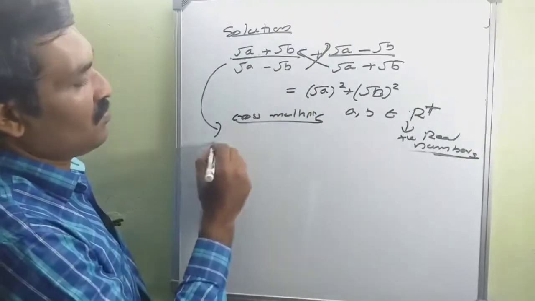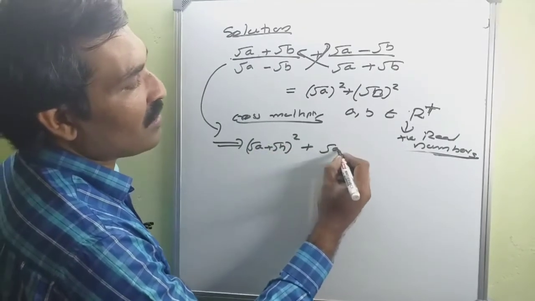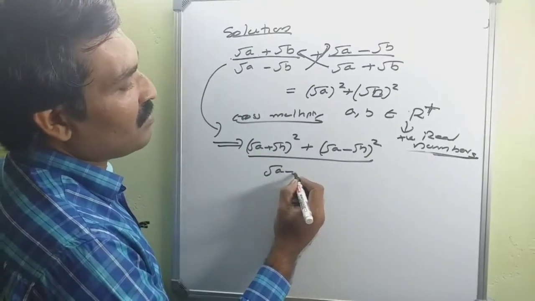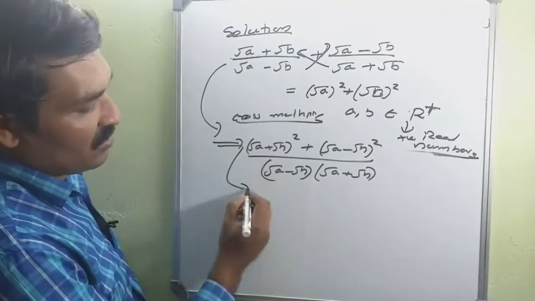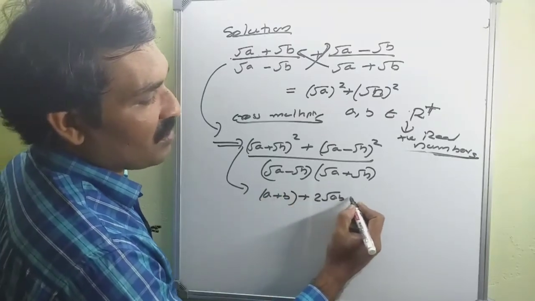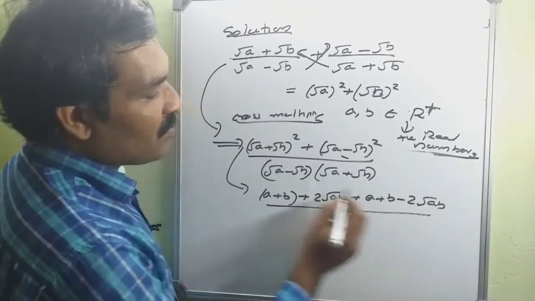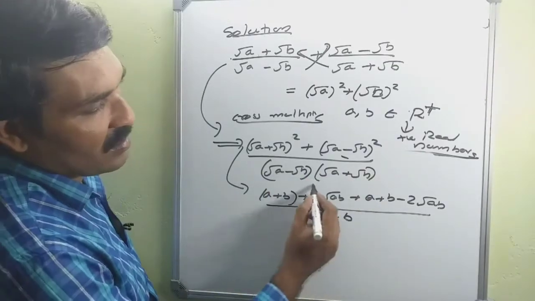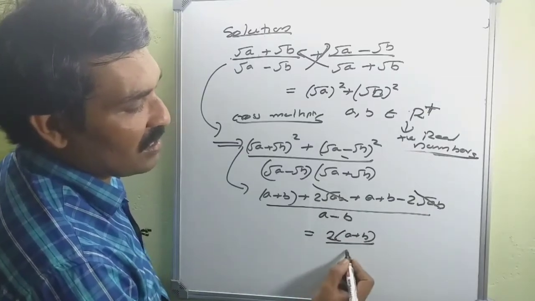So this is equal to root A plus root B, the whole square, plus root A minus root B, the whole square, divided by root A minus root B into root A plus root B. This is equal to A plus B plus 2 root AB plus A plus B minus 2 root AB divided by root A minus root B into root A plus root B. That is equal to A minus B. This and this will cancel. So this is equal to 2 times A plus B divided by A minus B.